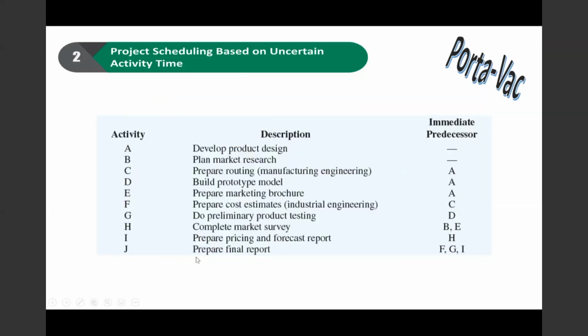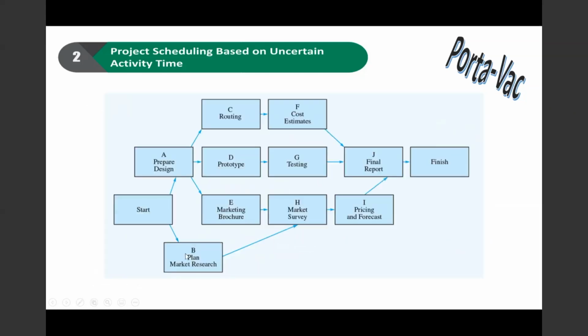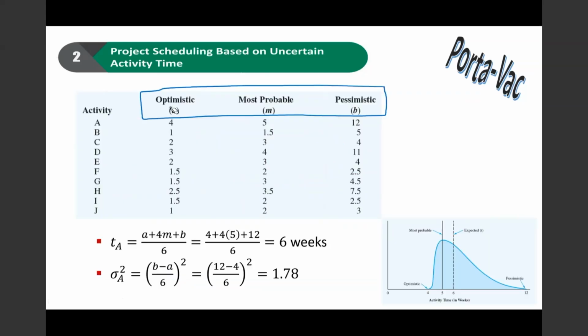With this information, you can then sketch your project network. Remember, we always have to have the start node and the finish node, and all the activities in between. And this is the timing that is given.